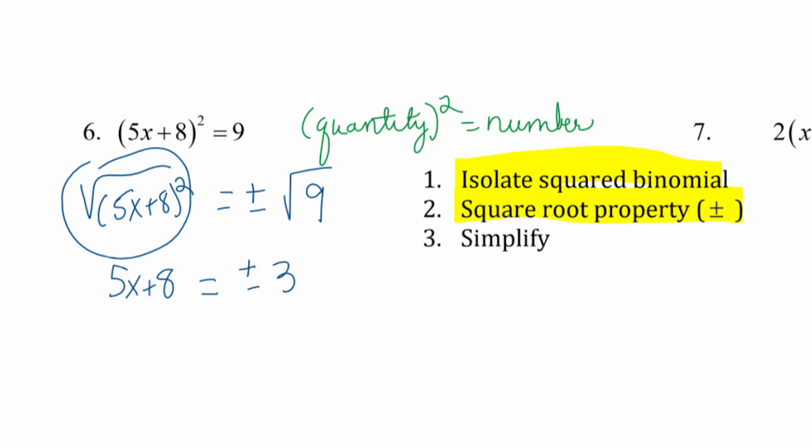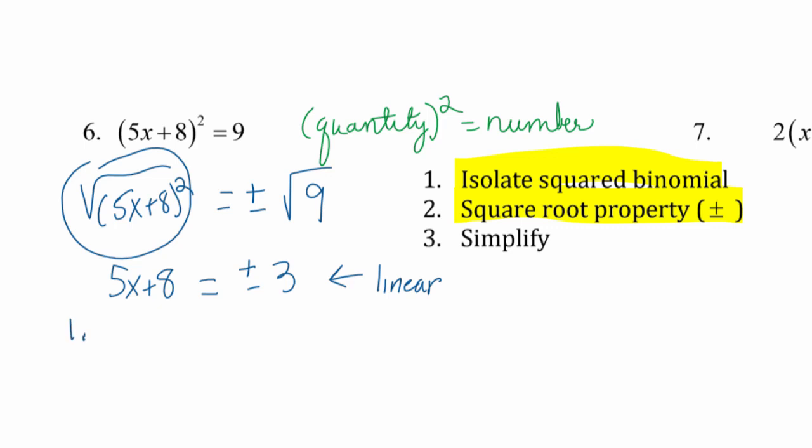Now this is important. We still have to solve for x, because ultimately when they tell us to solve, we're still solving for x. So at this point, we split up our linear equation into two different equations.